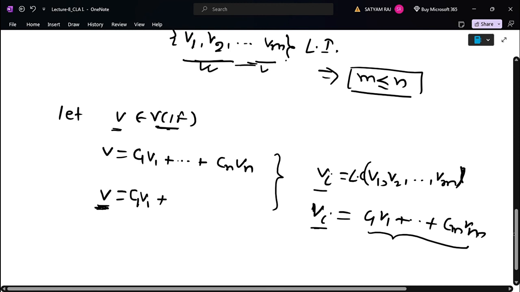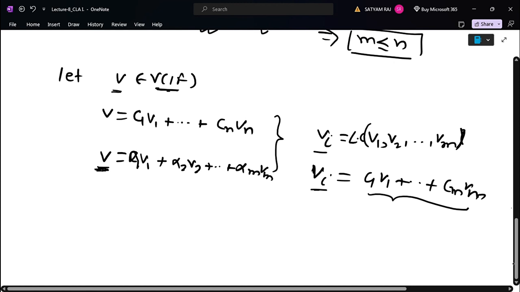It means v can be written as alpha 1 v1 plus alpha 2 v2 plus ... plus alpha m vm. This implies the set v1, v2, ..., vm is also a spanning set.